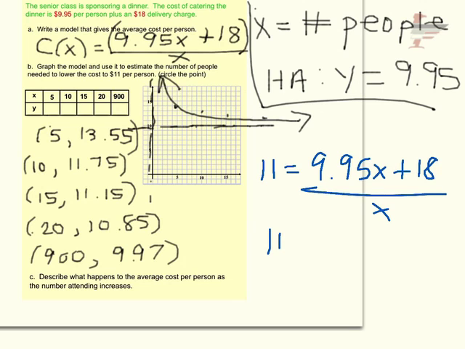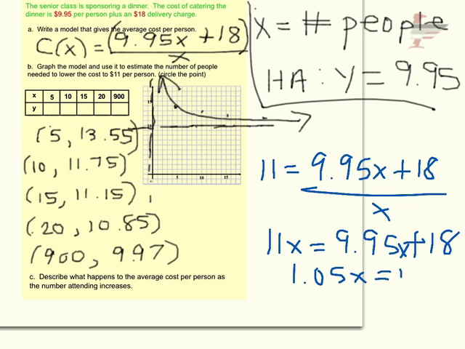So I'm going to multiply the x over to the other side, and then I'm going to subtract 9.95x from 11x, and that's 1.05x equals 18, and then if I divide, x is approximately 17.14.